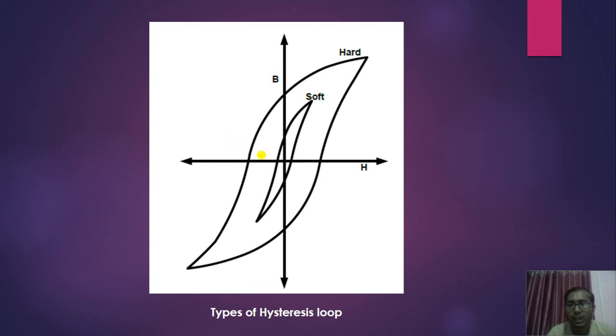Soft irons are used for making electromagnets, so that we need only a very small coercive force to remove the magnetic property from that soft core. In this way the hard as well as soft materials' hysteresis loops can be drawn, and the area the loop covers is called your hysteresis loss. So you can see that hard irons have more hysteresis loss as compared to soft iron.